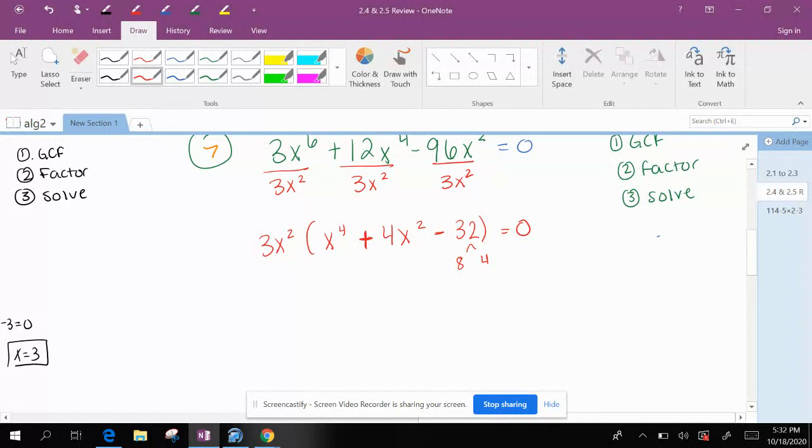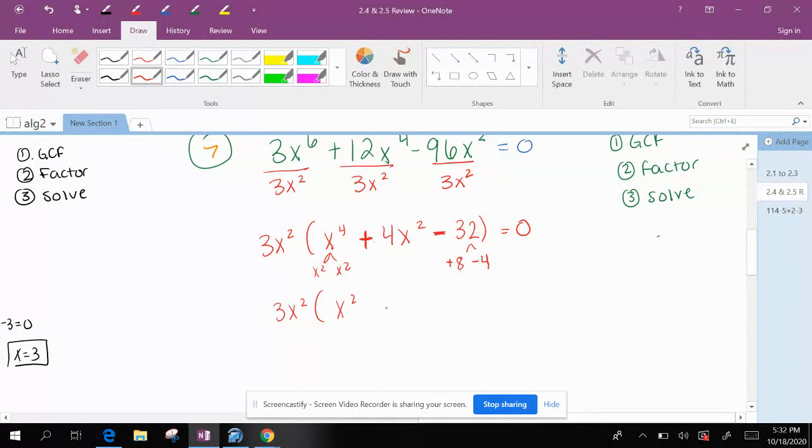It's a positive 4, but a negative 32. So my 8 has to be positive and my 4 has to be negative, because positive 8 minus 4 is a positive 4, and 8 times -4 is -32. And that x to the 4th is x squared and x squared.